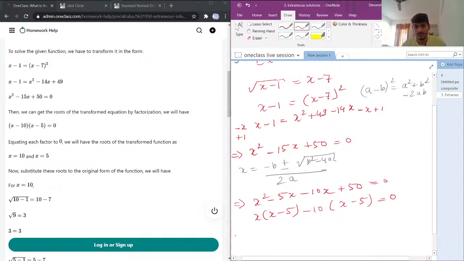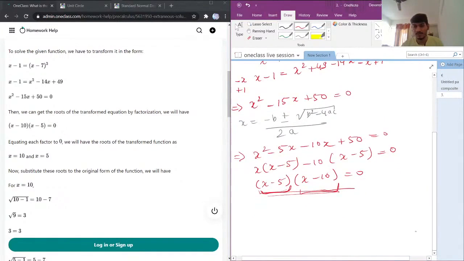Taking x minus 5 common, we get (x minus 5) multiplied by (x minus 10) equals 0. So I get two roots. The equation is satisfied when either x minus 5 is 0 or x minus 10 is 0, so x equals 5 and x equals 10.